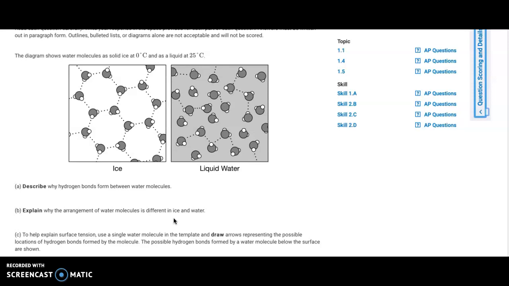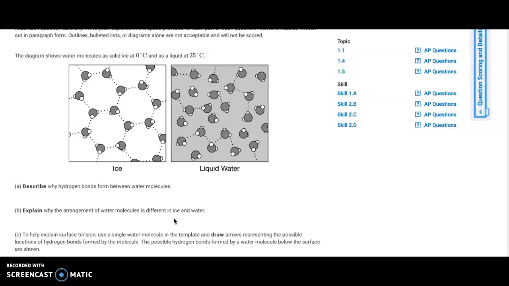You needed to identify that the polarity comes from unequal sharing of electrons between oxygen and hydrogen in their covalent bond due to oxygen's higher electronegativity. The polarity then creates a charge difference, and the charge difference leads to an attraction between the molecules. That is all the stuff you should understand about it.